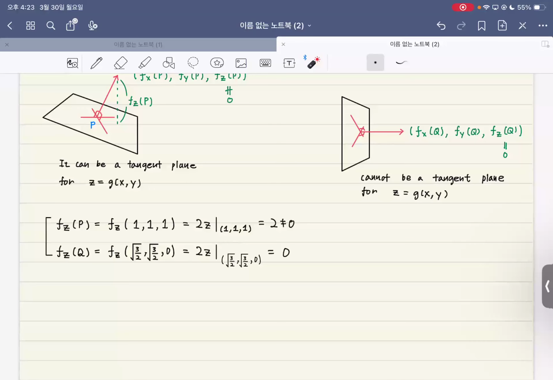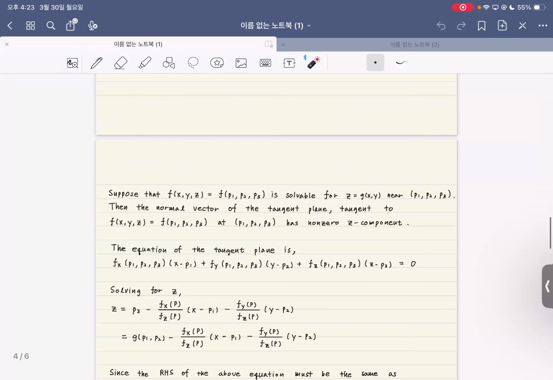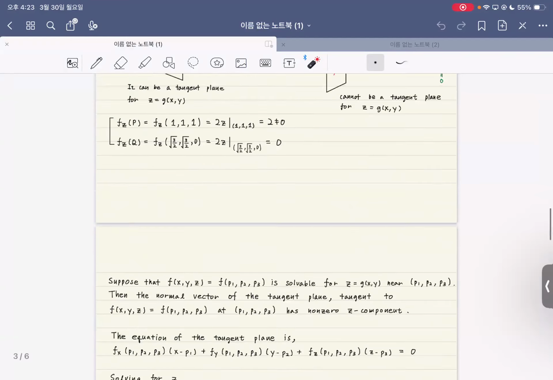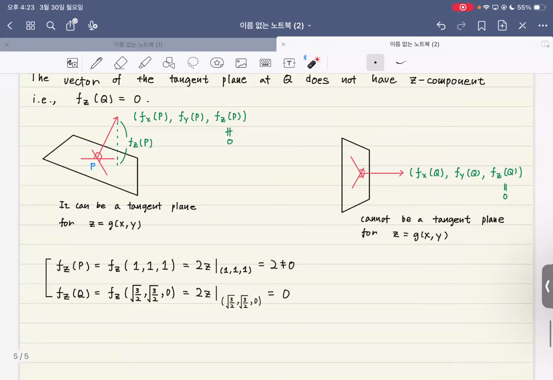And at point Q, the last component equals 0. So this explains why my equation is not solvable for letter z around this point. Okay. Good. Great.